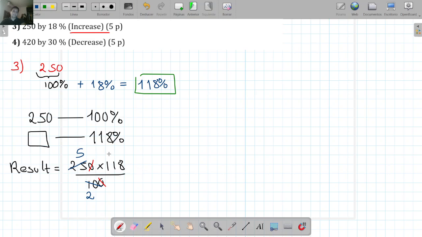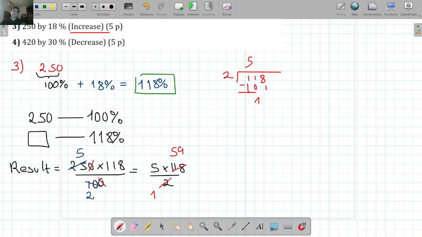And you may see that I can even take the half of 118, because now what I only have is 5 times 118 over 2. The half of 118 is just 59 and the half of 2 is just 1. If you are wondering from where did I get this, I just took the 118 divided by 2. 2 times 5 is 10.